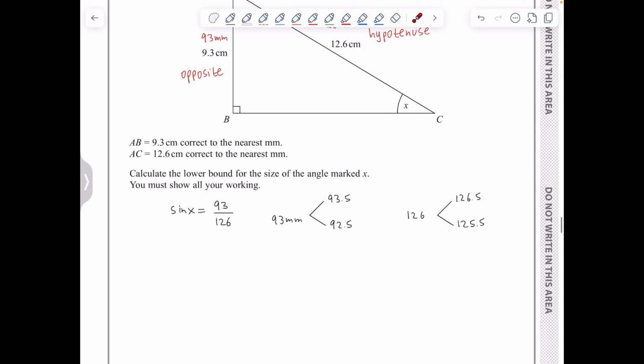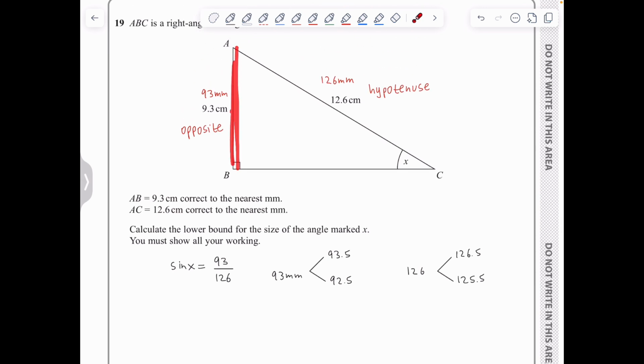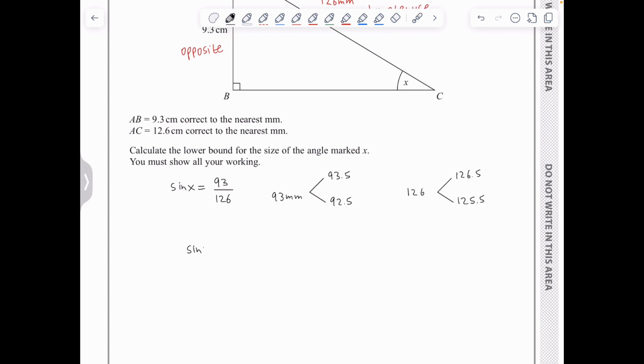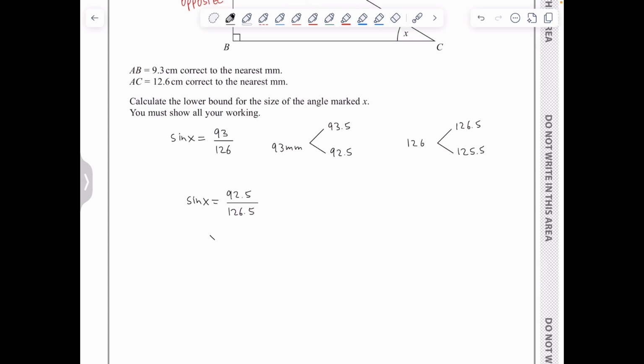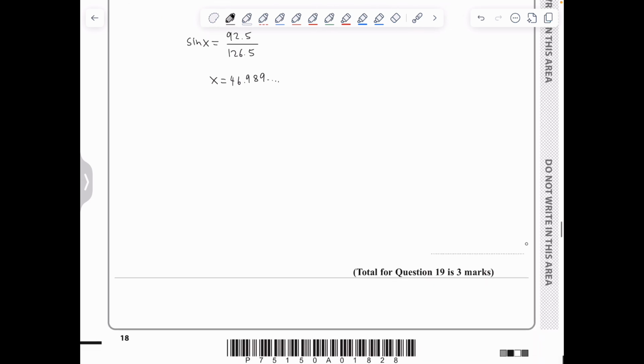So what I will do, I will make the AB as small as possible, and I will make the AC as large as possible. So we've got sine X being 92.5 over the 126.5. So I'm minimizing the numerator and maximizing the denominator. If I do shift sine of the right hand side, I get X is 46.989... and therefore we conclude that X is 47.0 degrees to 1 decimal place.